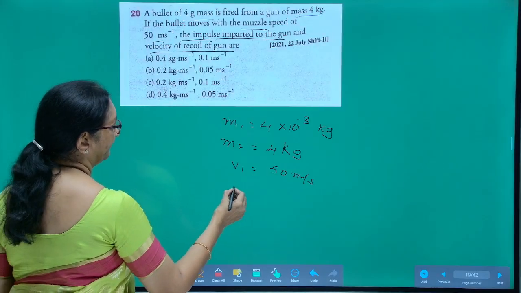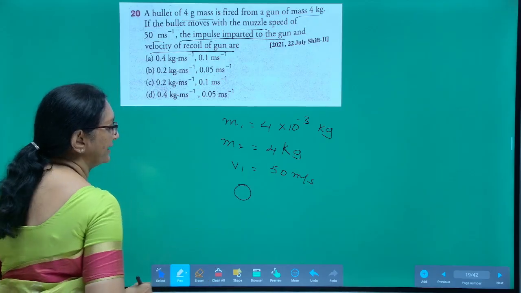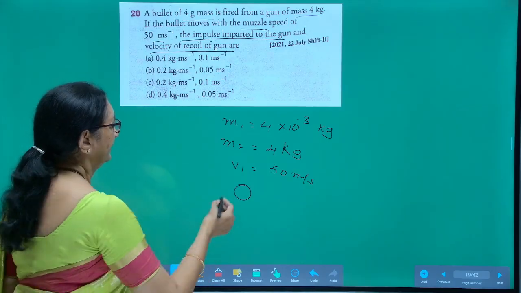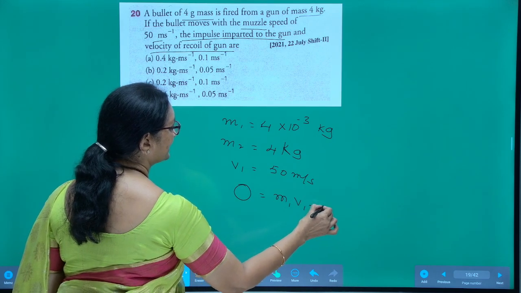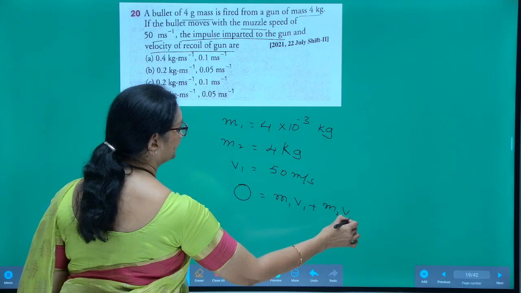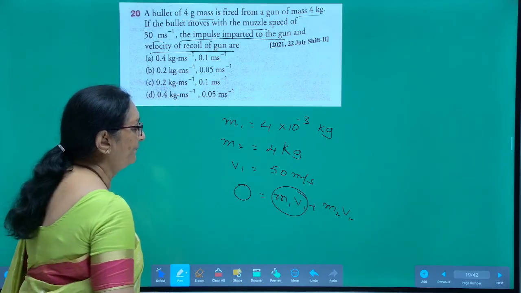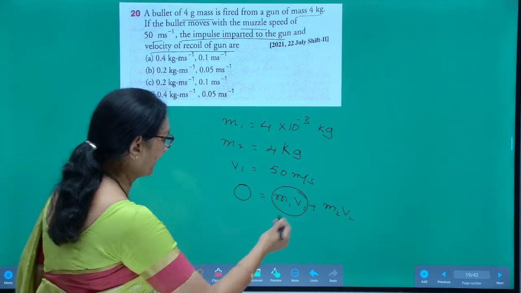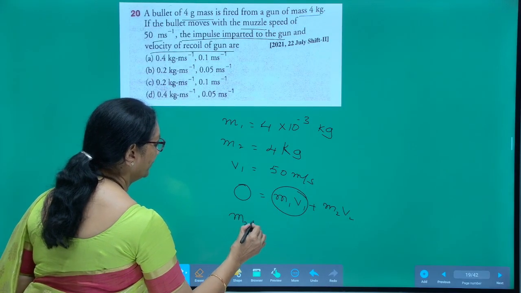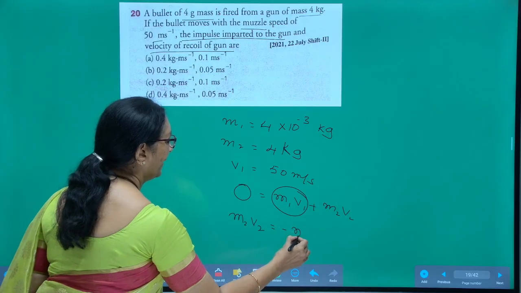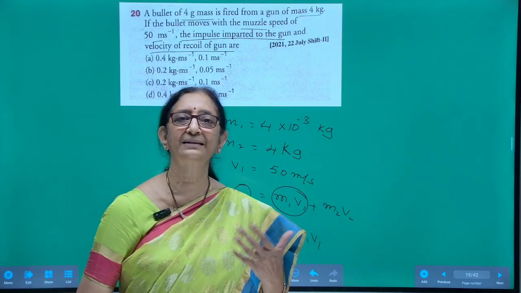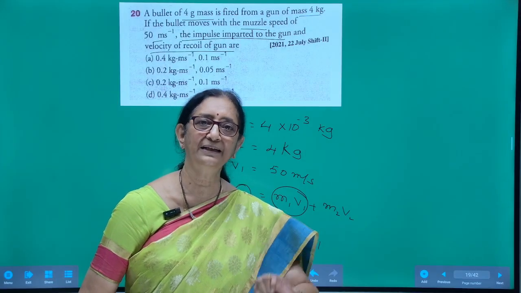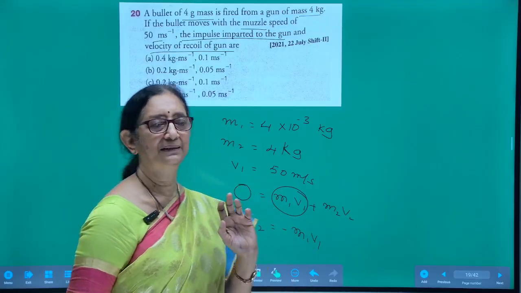So, here, using the law of conservation of momentum, 0 is equal to m1 v1 plus m2 v2. From this, m2 v2 is equal to minus m1 v1. m2 v2 is nothing but the impulse imparted to the gun by the bullet.